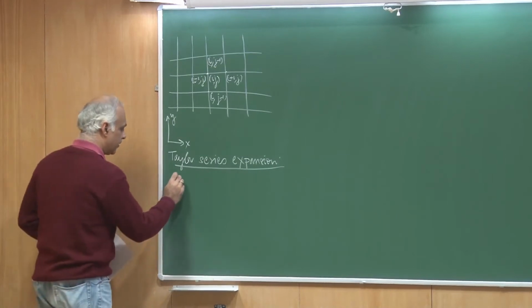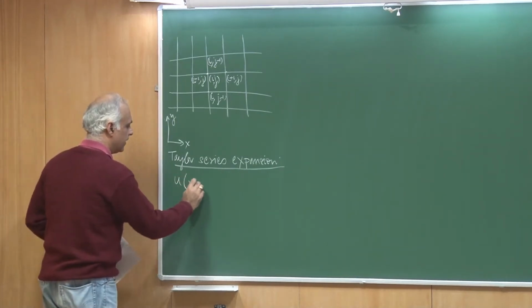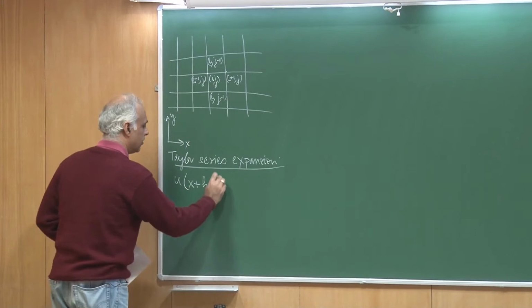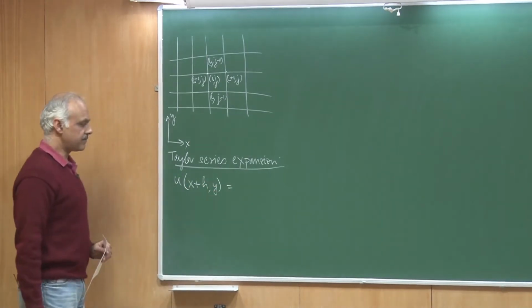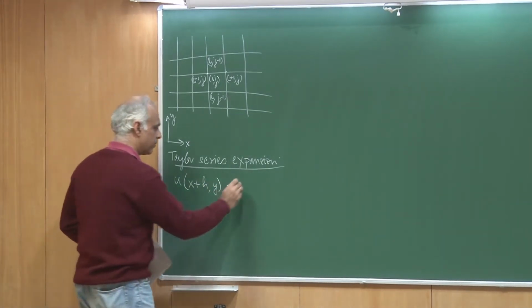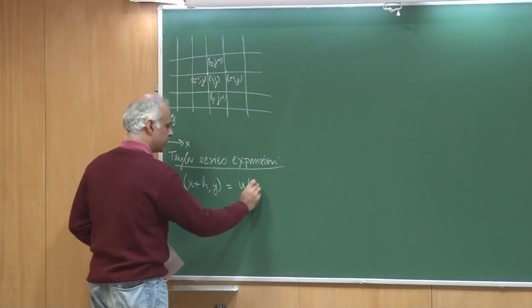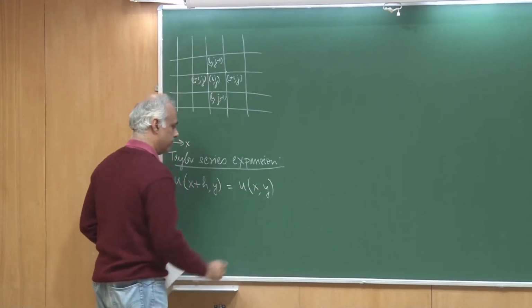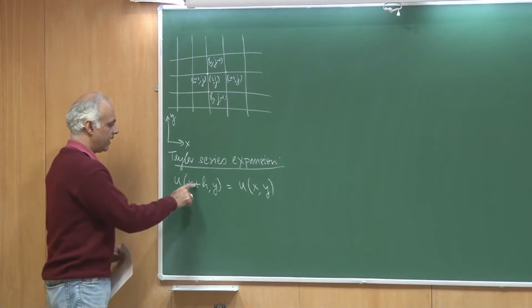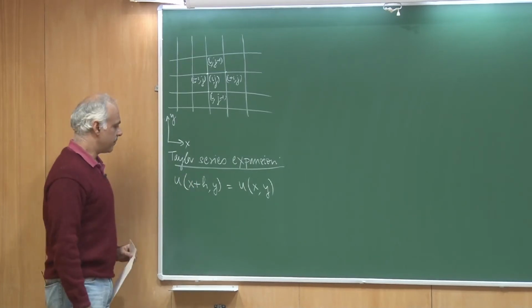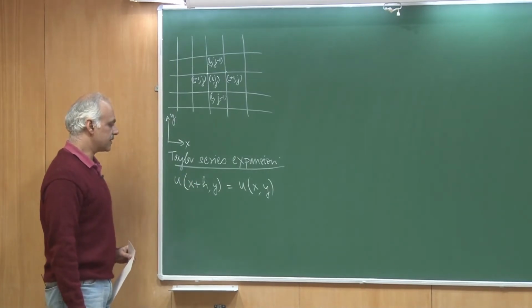So first I write it for u at x plus h comma y, and this I would like to write in terms of the expansion around the point u x y and only talk about the expansion along x.